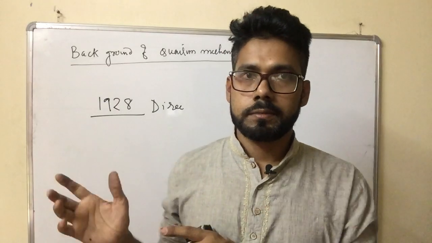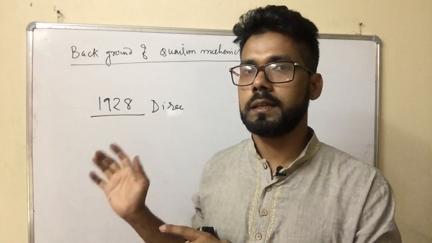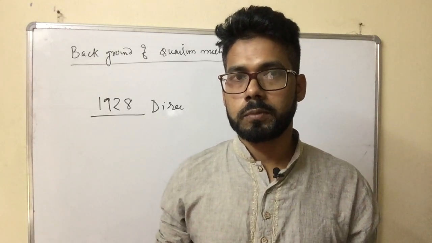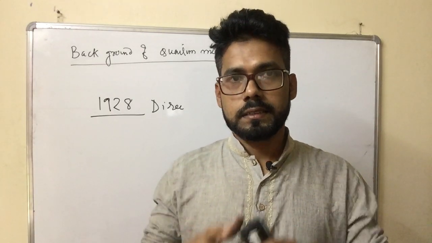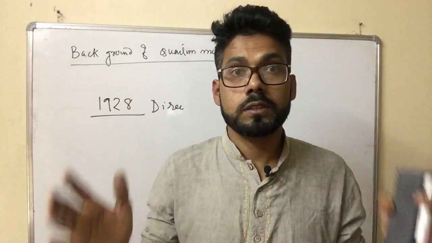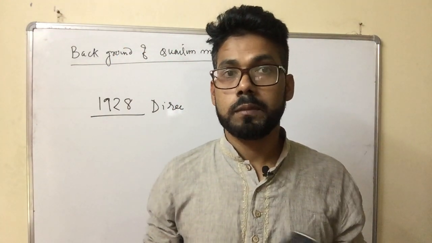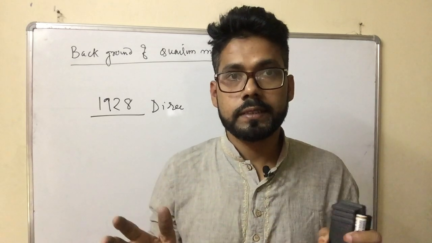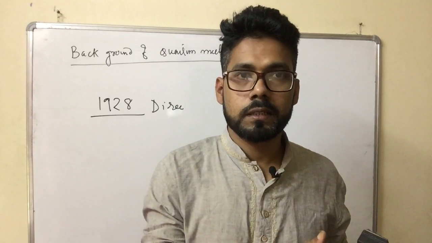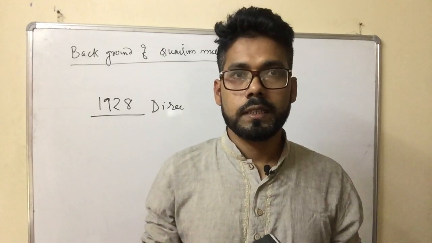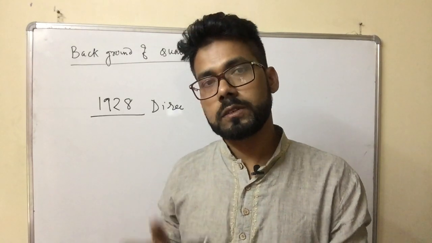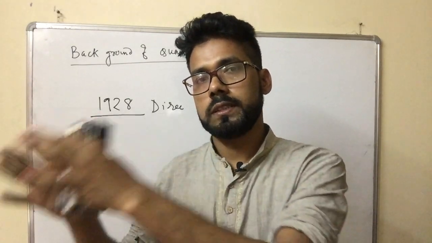After the development of these experiments, in the formulation of quantum mechanics, they considered some postulates, which are known as the postulates of quantum mechanics. The postulates of quantum mechanics do not have any theoretical background. Based on some experimental evidence, they formulated some postulates, and based on those postulates, the theory was developed.